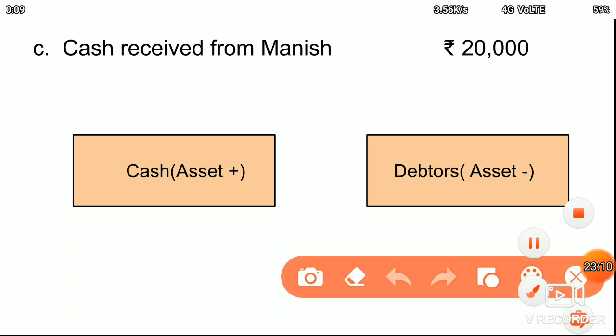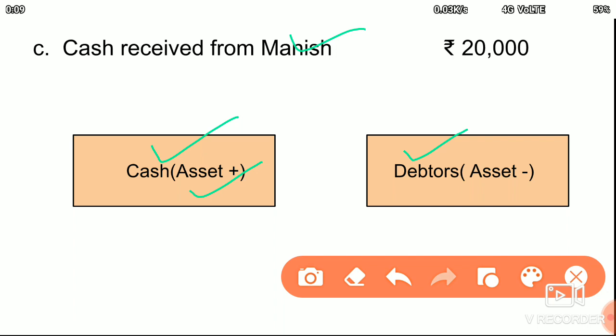The next transaction says cash received from Manish. Manish is the debtor. He is paying cash to the business. So the effect from the business point of view, the business is receiving cash from Manish, so cash will increase. It is an asset and it is increasing by 20,000 rupees. On the other hand, the debtors will decrease because Manish is the debtor and he is paying 20,000 rupees.